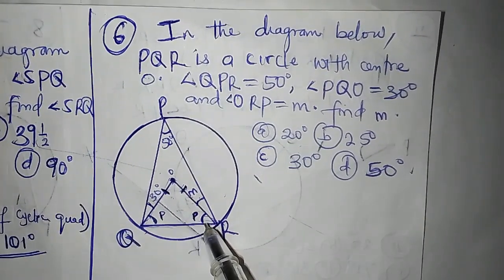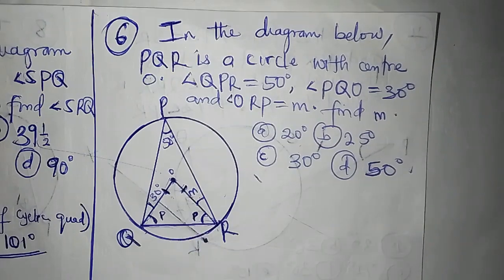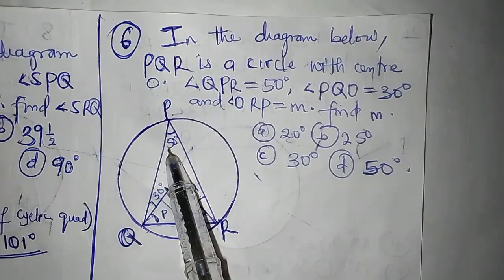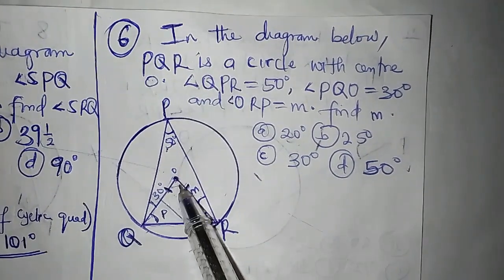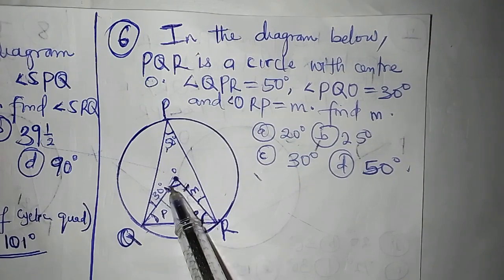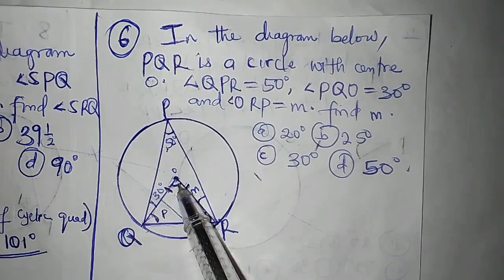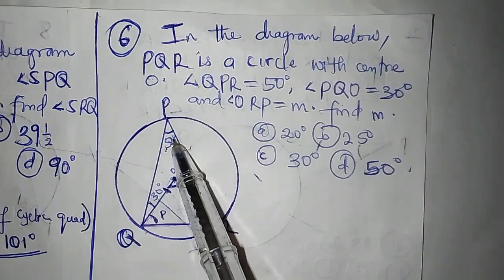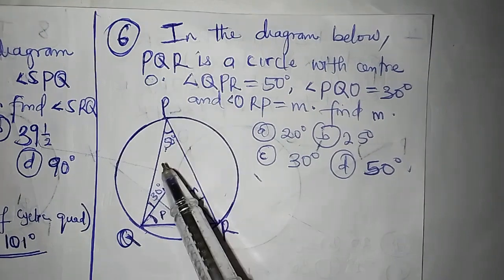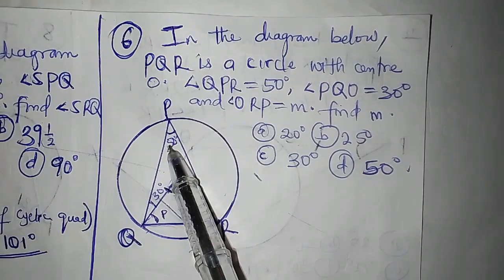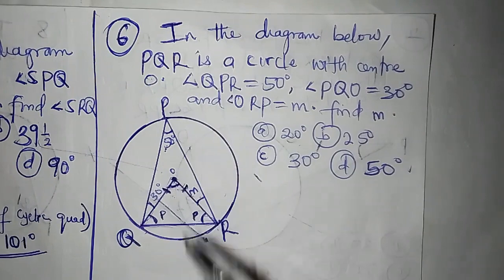Just watch this very carefully, please. Now, this 50 degrees, can I connect it with what is here? Yes. This is the angle at center. And angle at center rule says that the angle at center is 2 times the angle at any other point on the circumference. So if here is 50 degrees, then here is 2 times 50, which is 100.